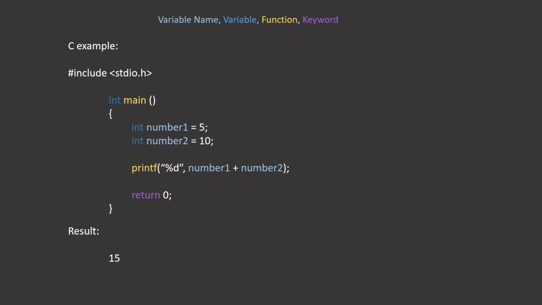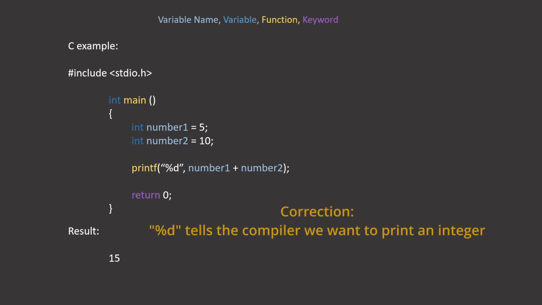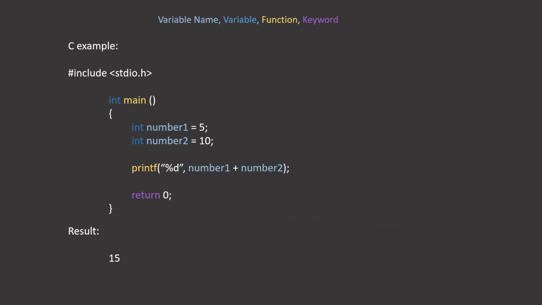So we have int number 1 equals 5, int number 2 equals 10, and then we printf, which is just a way of printing, and then we have to have this weird %d, which just tells the compiler what we want it to show, because we're specifying that we want it to show a number here, not text, which is why we have to do this. As you can see, this is a lot more complicated than the Python version, but generally it's doing exactly the same thing and probably would generate the exact same code when you actually compile a program.